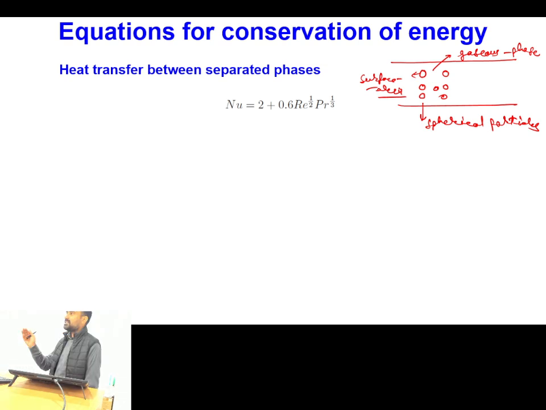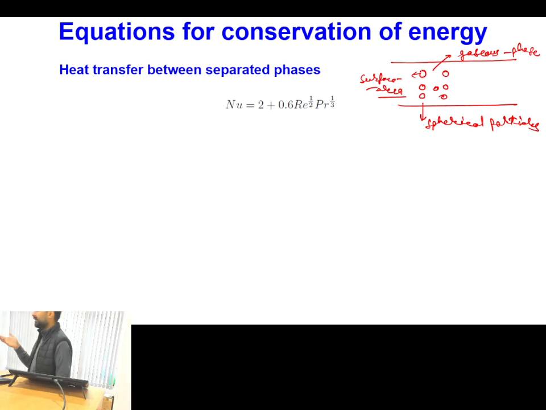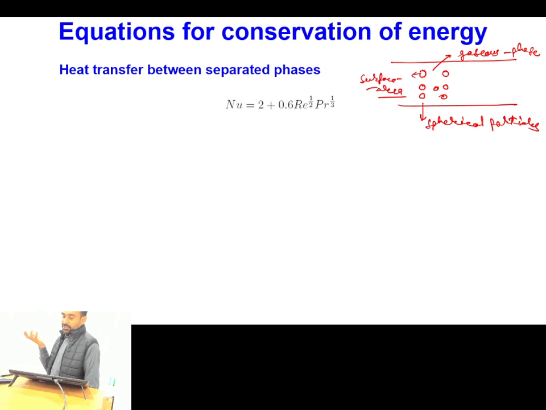Okay. Now energy interaction can be in three ways. One, because of conduction: if I assume that the velocity of the particle and the velocity of the surrounding phase are the same, then with reference to the surrounding fluid, the particle is in a stationary position. Because there will not be any relative motion between the gaseous phase and the particle, my heat transfer will be because of conduction, since bulk motion of fluid is not happening over the particle.